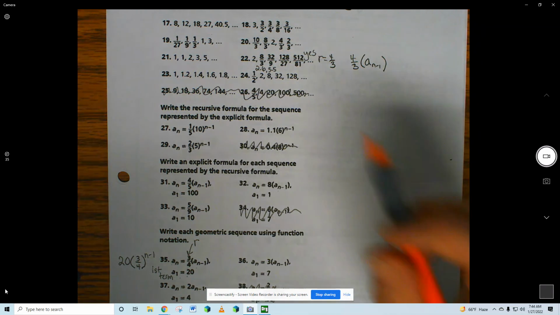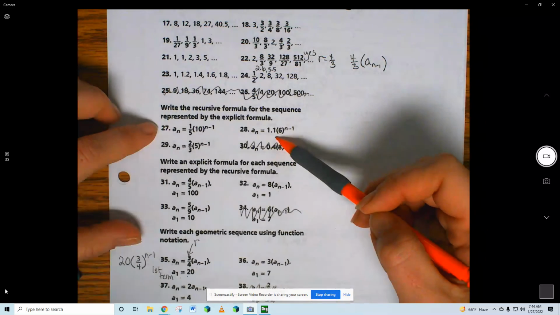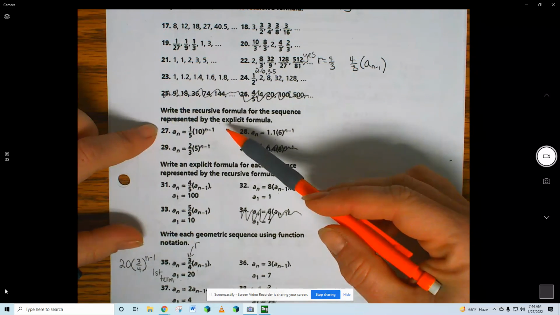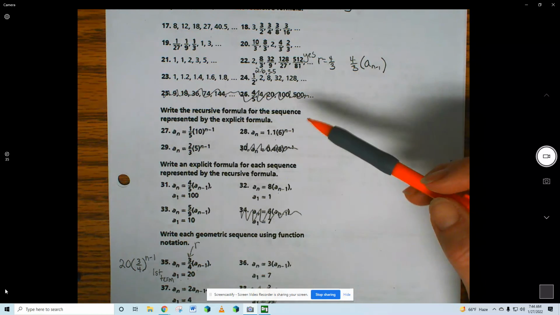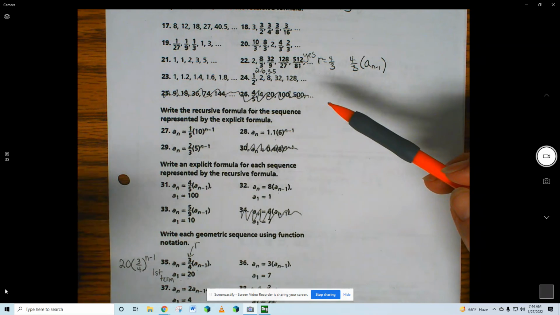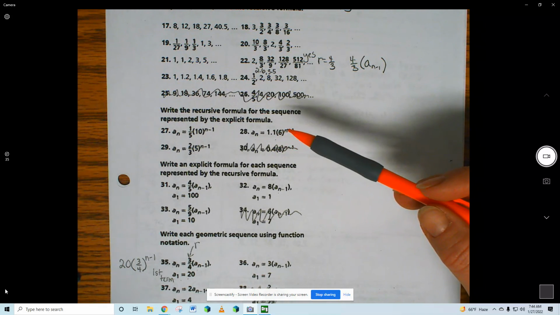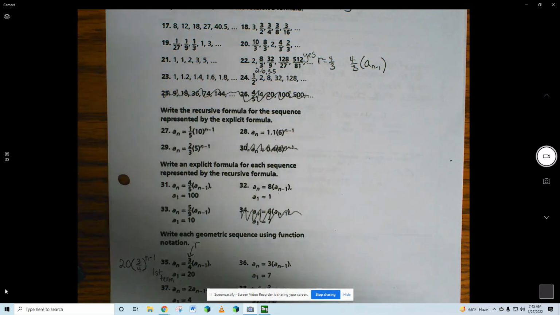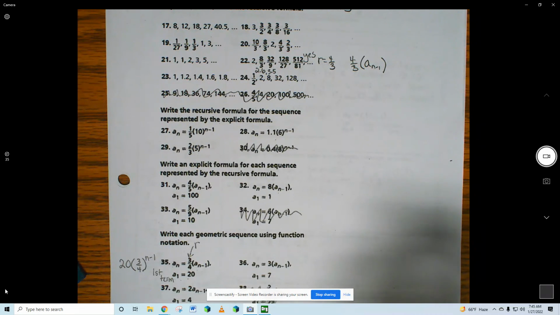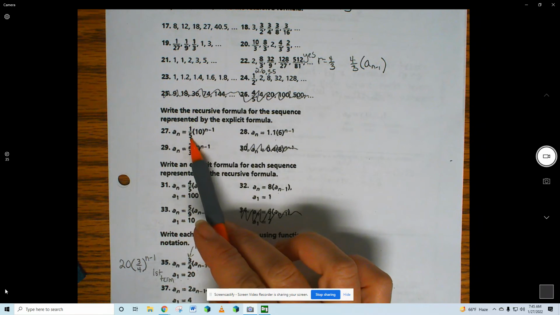Now, let's do 27 through 29. Write the recursive formula for the sequence represented by the explicit. I am given explicit, write recursive. So on 27, the first term is 1/5. The common ratio is 10.